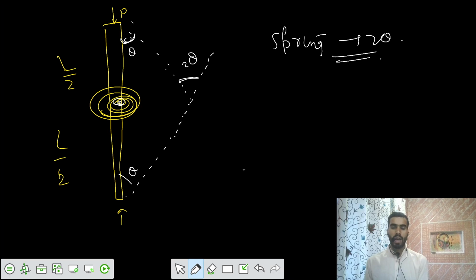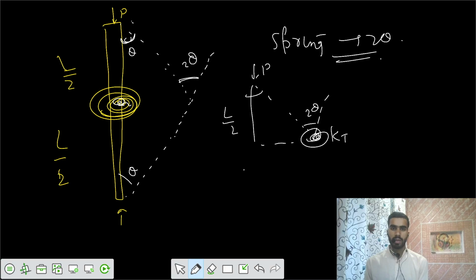So for this equilibrium, this is your P, and this point has reached here, and there is a torsional stiffness of KT, and it's preventing how much theta? 2 theta. So this is your L by 2, and this part is theta. Let's approximate delta equals L by 2 theta, because we are dealing with small theta.